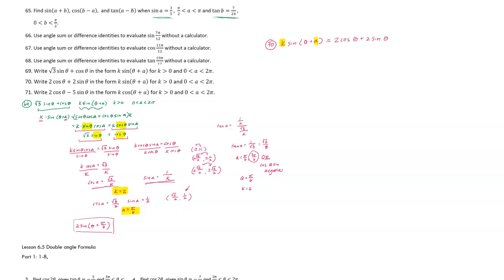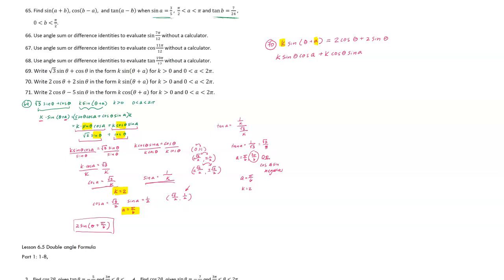Okay, but when I expand this out, it's going to be k times sine of theta cosine of a plus k times cosine of theta and sine of a.